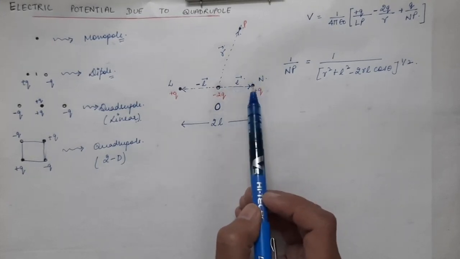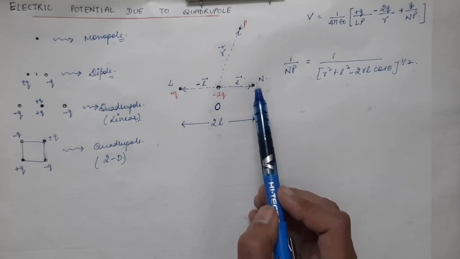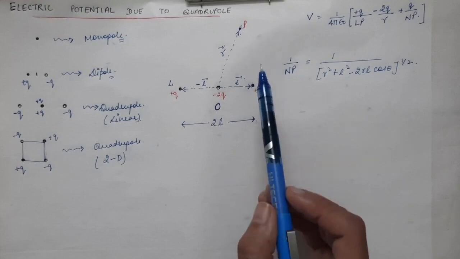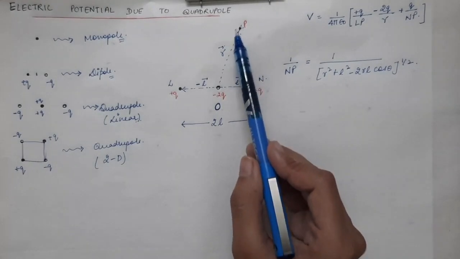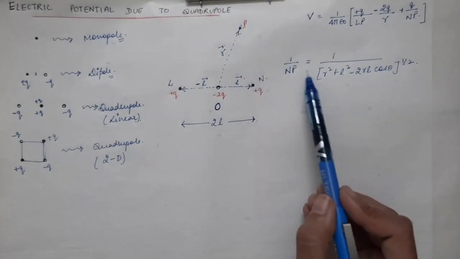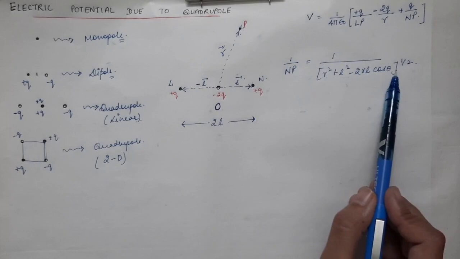From that we will get NP square. So the whole procedure will remain the same. You can revise, you can go to the previous article of the electric dipole, how we found 1 by NP and how we found 1 by LP. So in this case the formula will remain the same. 1 by NP will come out to be equal to this form.